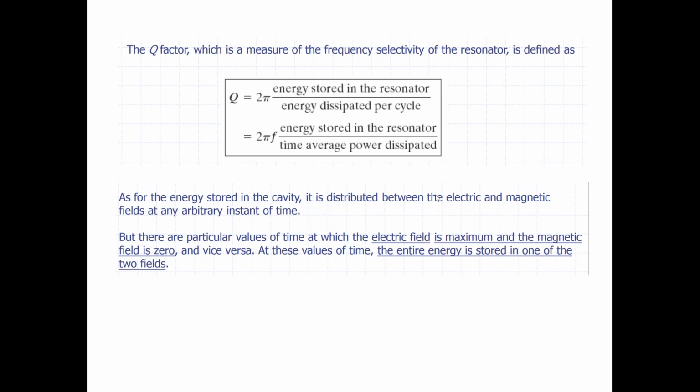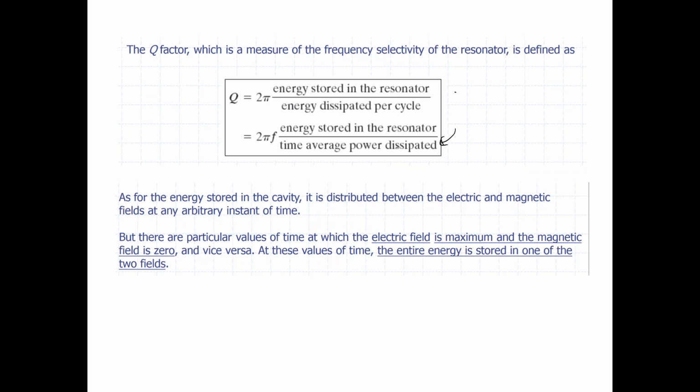And normally Q for these rectangular or microwave cavities is defined as the energy stored in the resonator divided by the energy which is dissipated or lost per cycle. So if you were going to define it in terms of time average power dissipated, then energy dissipated per cycle would be average power divided by frequency.